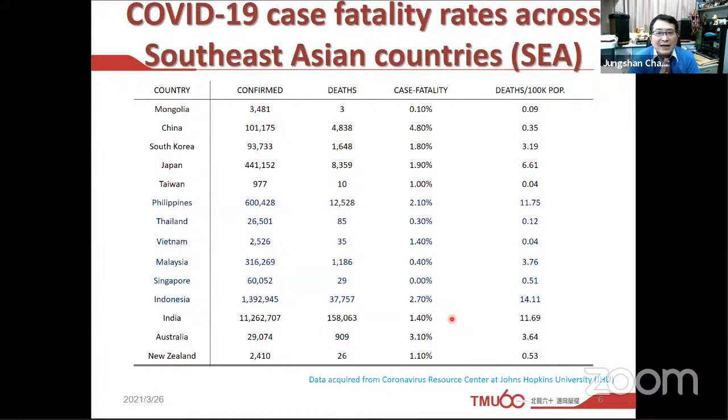So you can see that we have a very low death rate, less than 20 so far, and the fatality rate is very low too. Our region all performed very well.